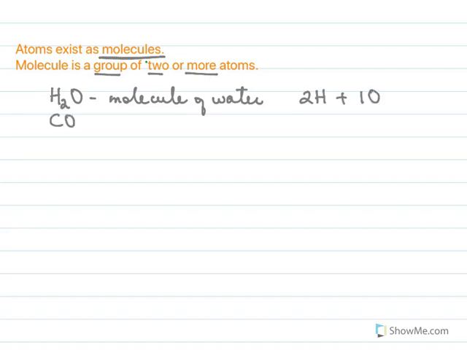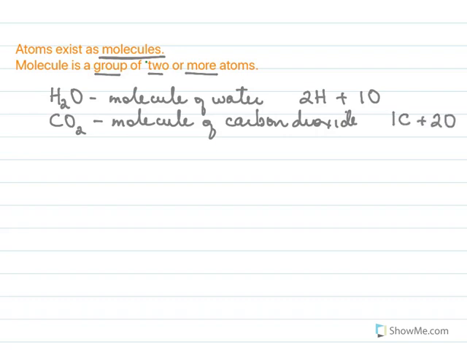Or you could have a molecule of carbon dioxide. Here again, if you see, it is made up of 1 carbon atom plus 2 oxygen atoms. So molecules are nothing but a group of atoms.